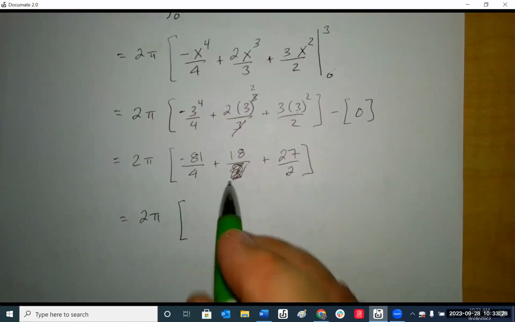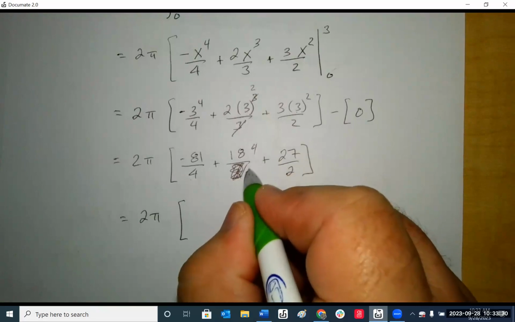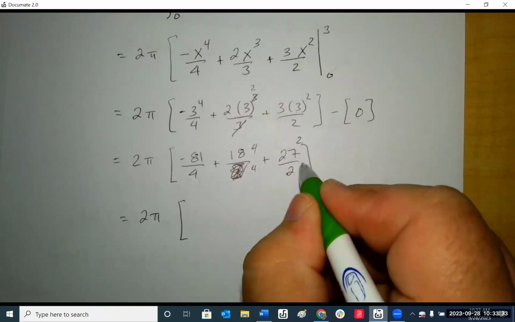Common denominator is 4. So this one needs a 4 over 4. This one needs 2 over 2.